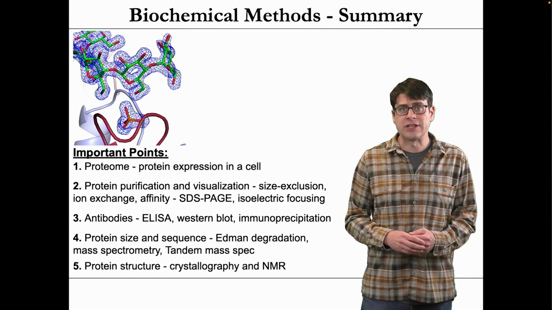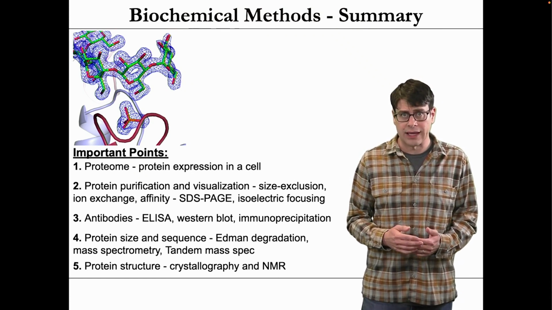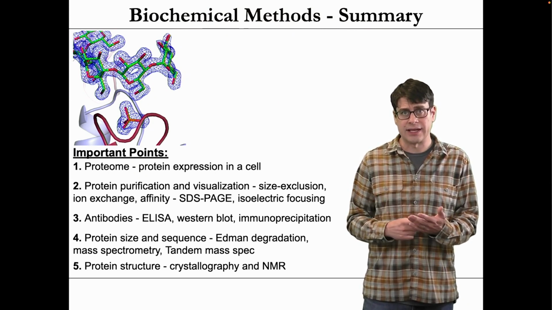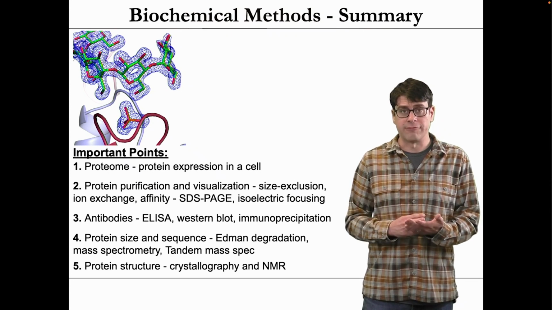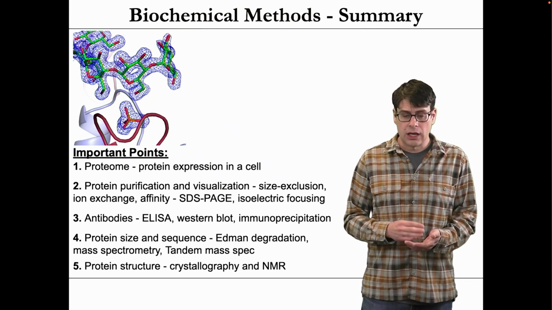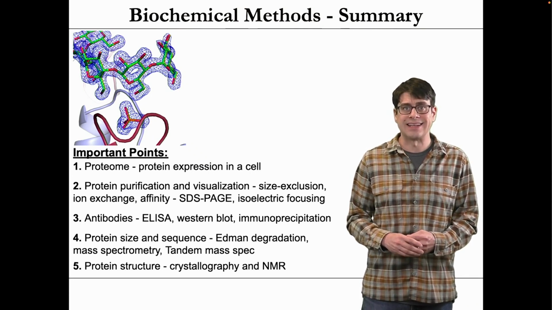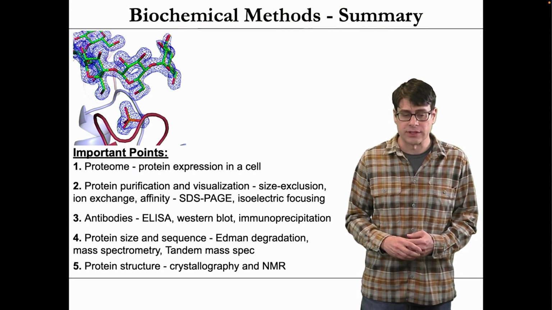You also need to understand the general principles of protein purification. Proteins can be purified based on things like size, charge, and affinity for other molecules. And once your protein is purified, it can be visualized using SDS-PAGE and isoelectric focusing.